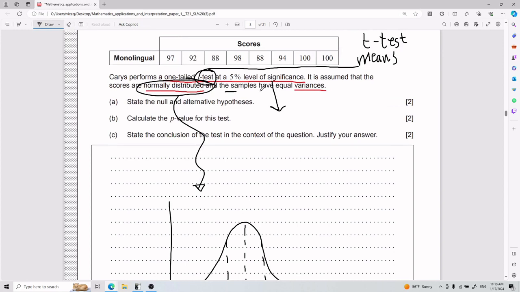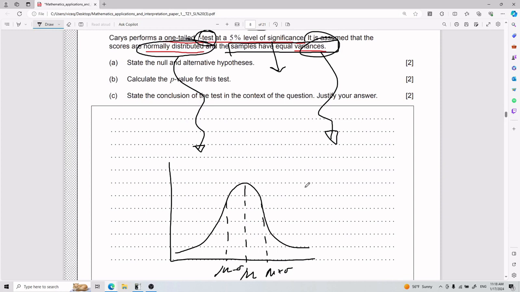And now they tell us that samples have equal variances. Now, I'm sure some of you don't have the intuition of what a variance is. I want you to have in mind that variance is basically a little bit like spread of data. Standard deviation is also going to be spread of data.